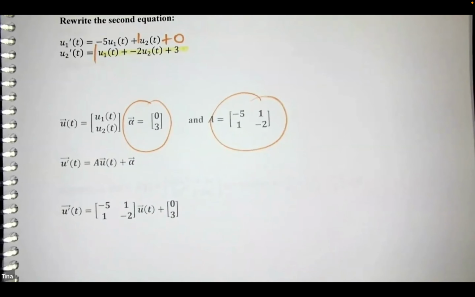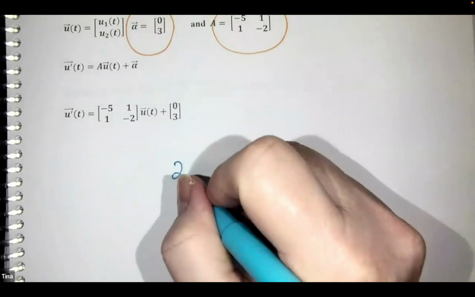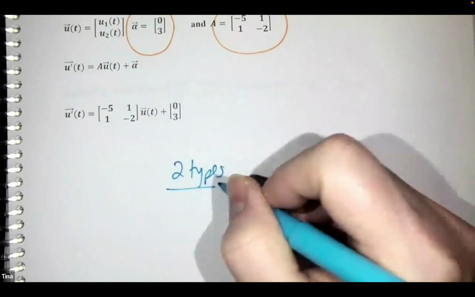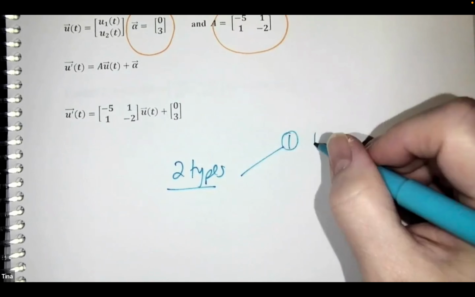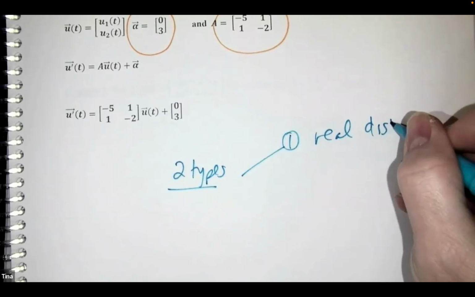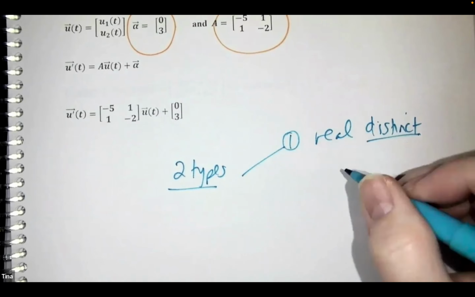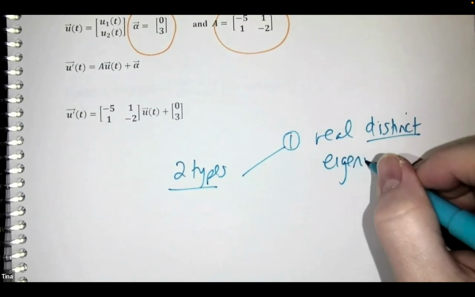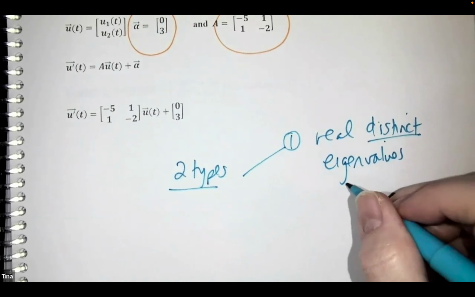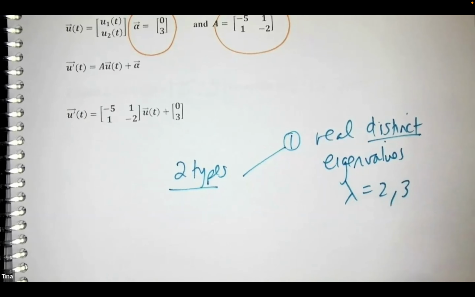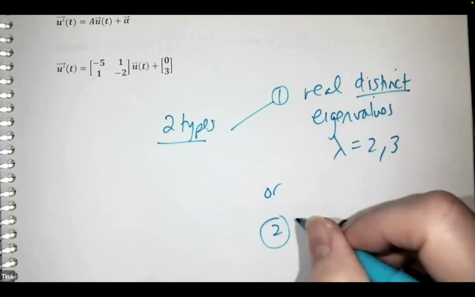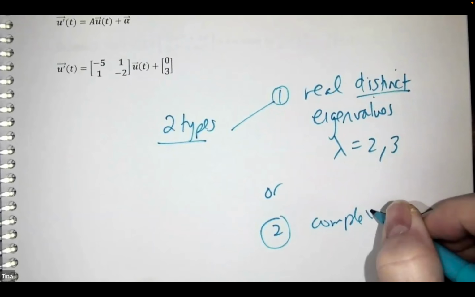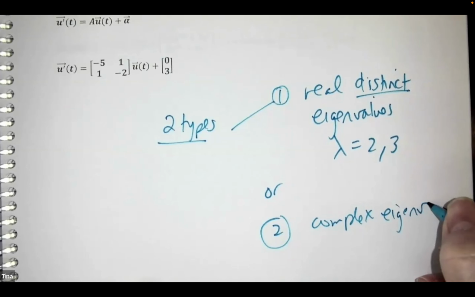Okay? Now for you guys, you're only going to study 2 types, right? We're going to have case 1 where you have real and distinct, so different eigenvalues to solve, like maybe lambda is 2 and 3, or you're going to solve the case of complex eigenvalues, right?